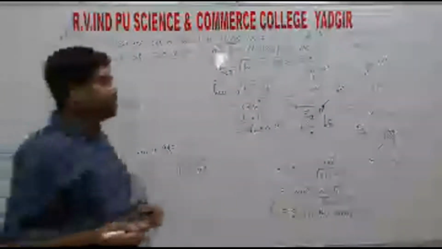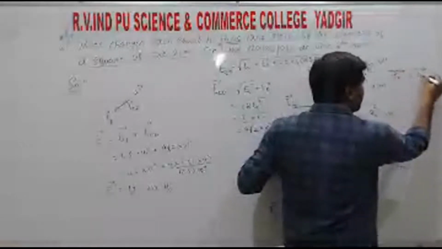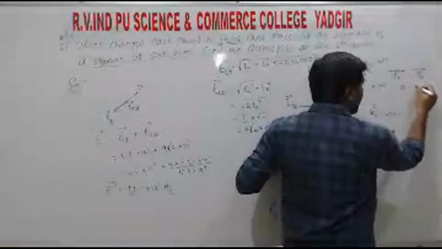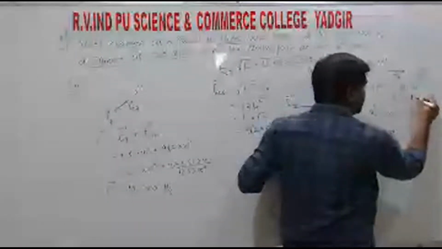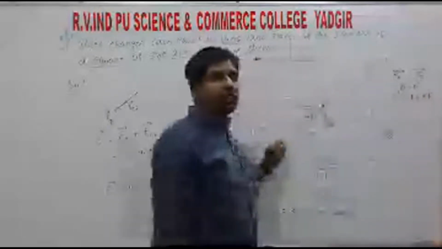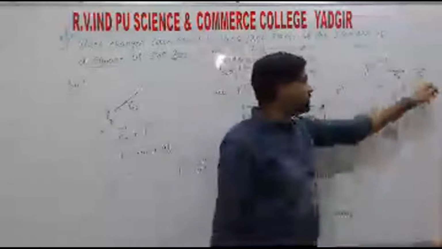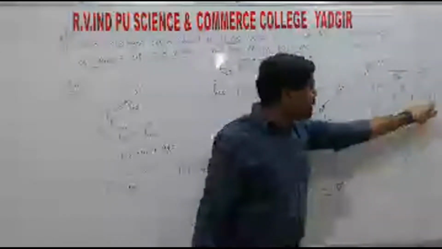Always remember this point: if two vectors are parallel, if we consider EA and EB both having angle theta 0 degrees, then the resultant electric field E is taken as EA plus EB, right? Both vectors are in the same direction, so the angle theta is 0 degrees and we can directly add. There is no need to write the formula again and again.